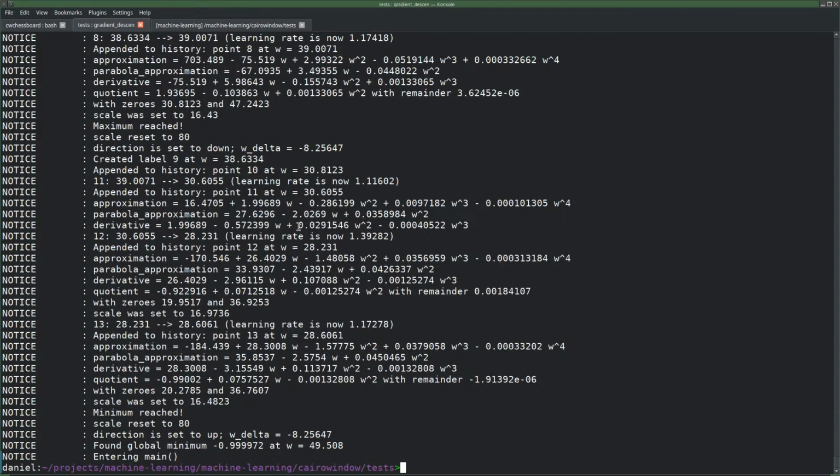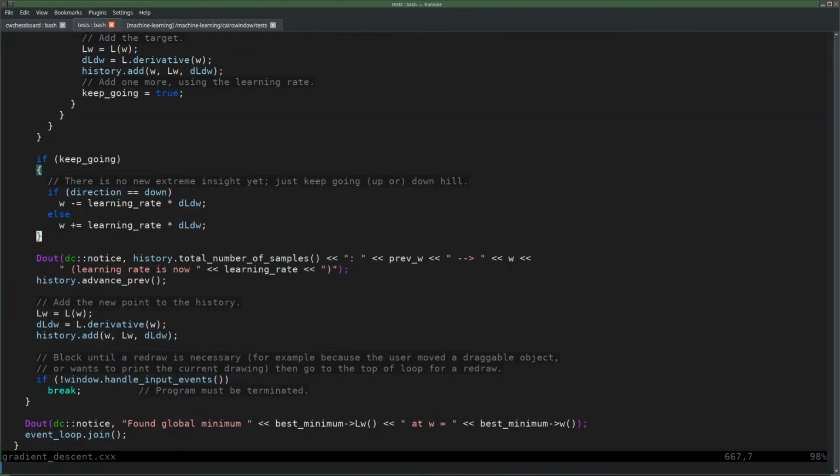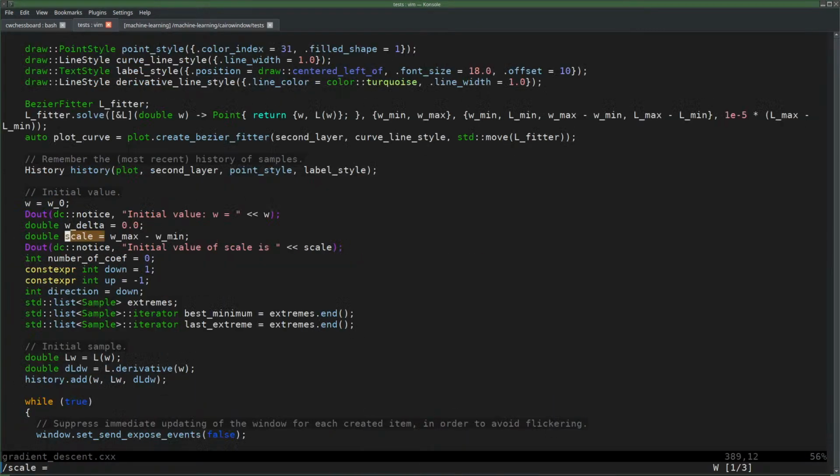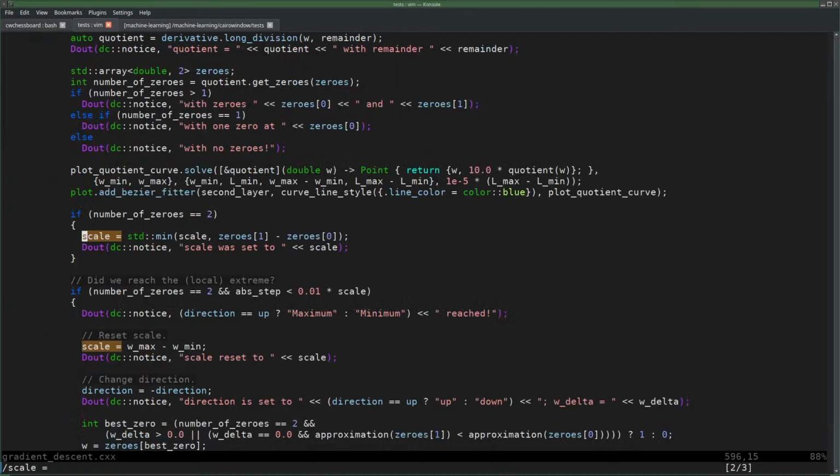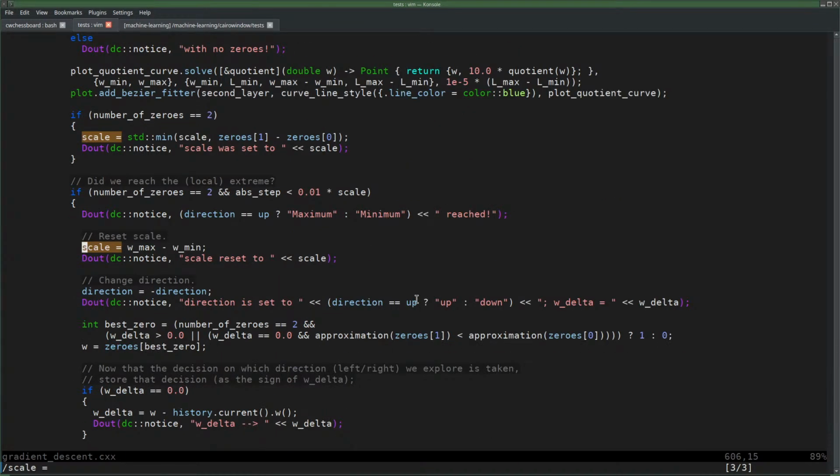Okay, so I'm a little bit confused because I thought I eradicated it. I only use this, the full width of the graph, and I thought this is the only place I used it, but no, it's not. So I'm resetting the scale here to that width, which probably I just should not do. I think that's the only place.